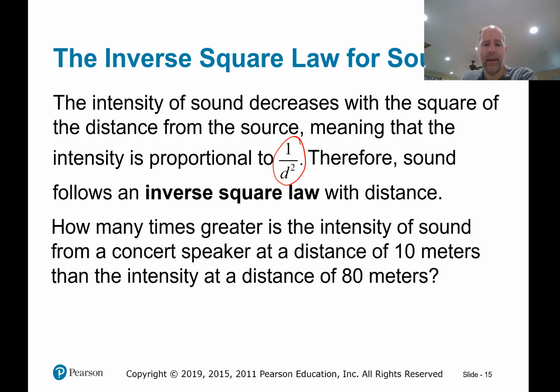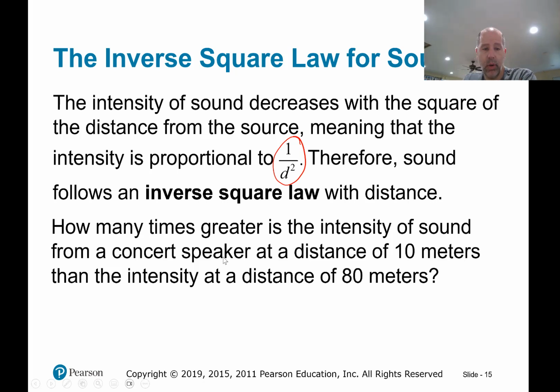So it says, how many times greater is the intensity of a sound from a concert speaker at a distance of 10 meters than at a distance of 80 meters? Okay, so again, whenever we're comparing, we're going to use division.